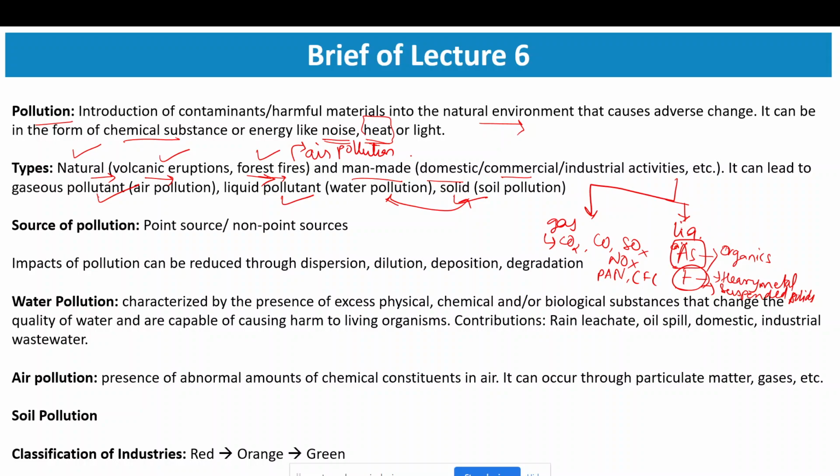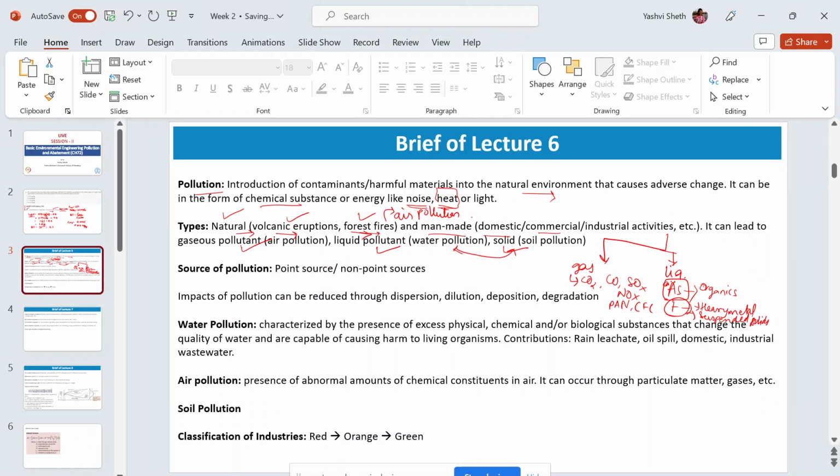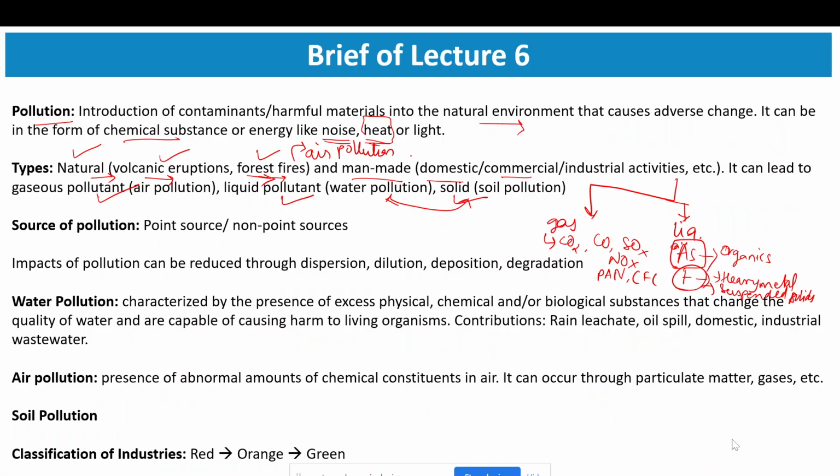Can you give a few more examples of water pollution, like what have you seen? You can consider pollution as the nitrogen and phosphorus concentration increasing or changing in the water bodies.